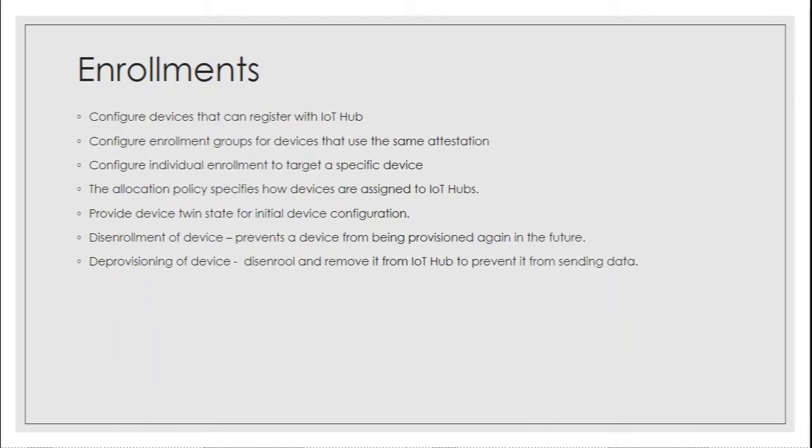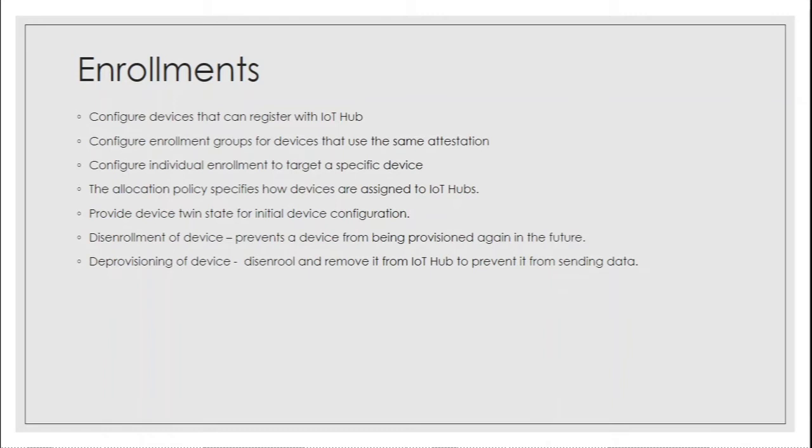But let us say because of something we deregistered the device from the IoT hub as well, and it is trying to re-register again, then it will be prevented because it is in the disenrollment list. Okay, so disenrollment prevents the device from registering with the IoT hub. But if it is already registered, it cannot prevent it from sending data to the IoT hub.